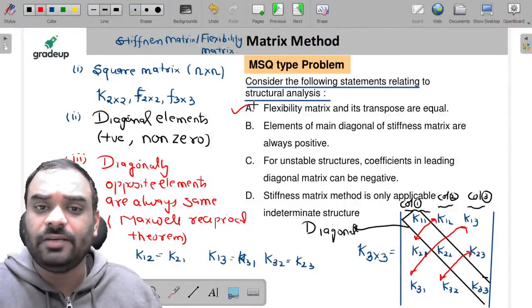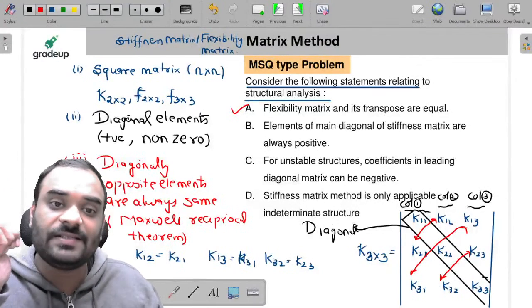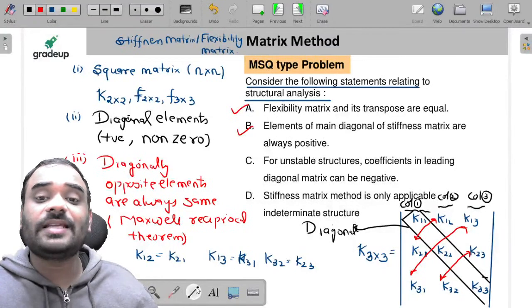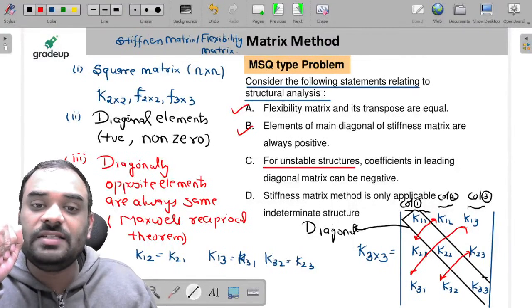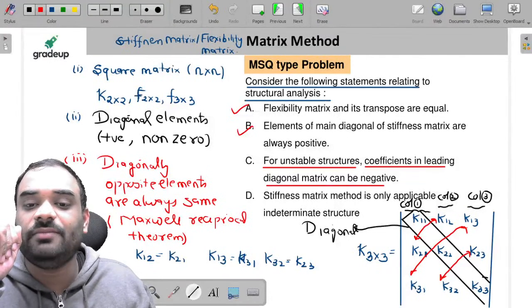What is the second statement? Elements of main diagonal of stiffness matrix are always positive. Yes, it is also correct. I just told you, right? For unstable structure, listen carefully, coefficient in leading diagonal matrix can be negative.